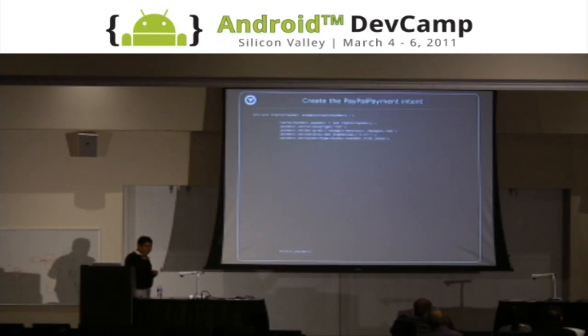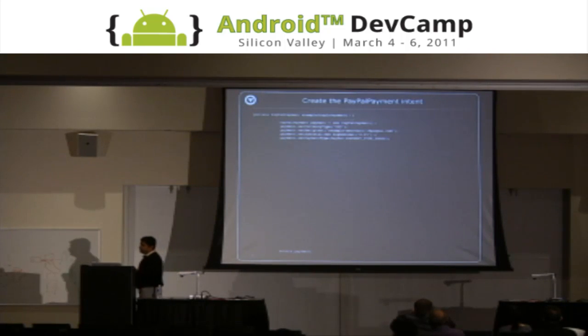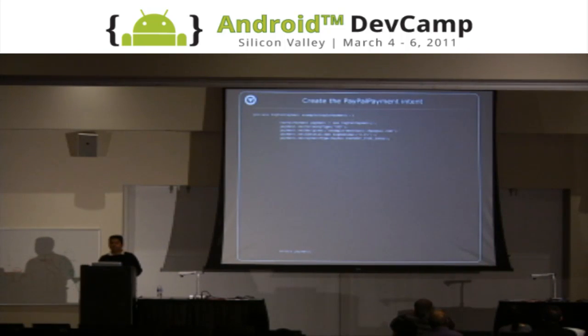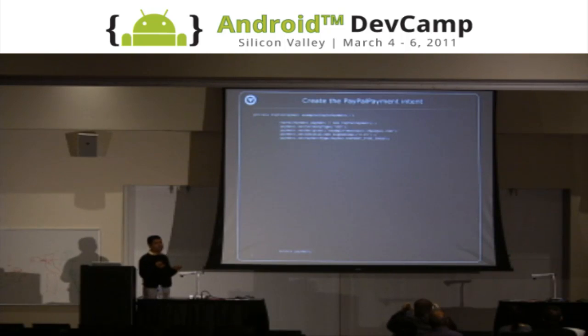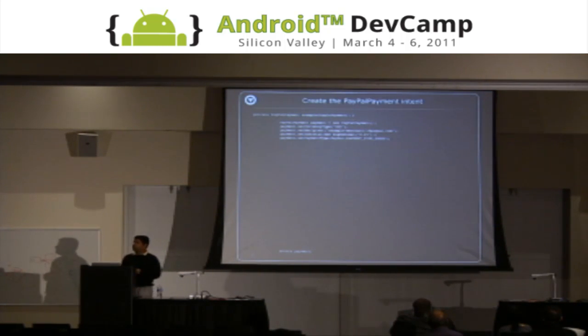And this is the crux of the payment library, where you create an intent. And the intent is a specific structure. It's a class that PayPal has built as part of the library, which we call the PayPal payment.